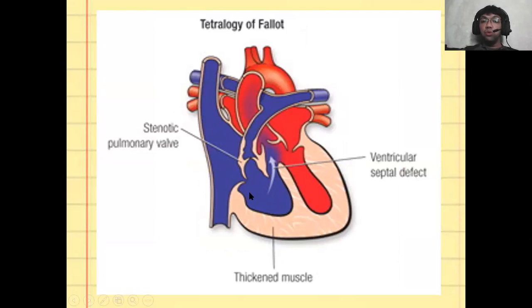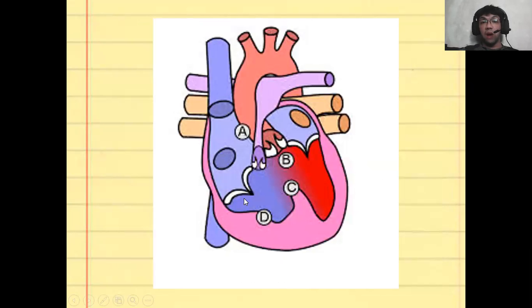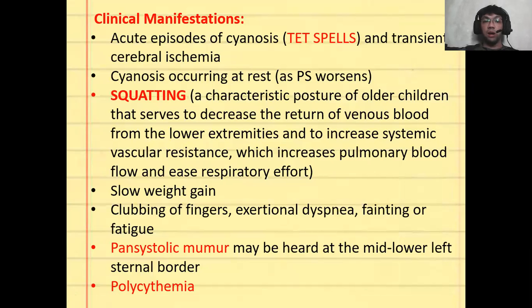Because of too much blood building up inside this chamber. So it will exert more effort to pump blood into the lungs, but it cannot, due to the pulmonic stenosis, due to that narrowed pulmonary valve.